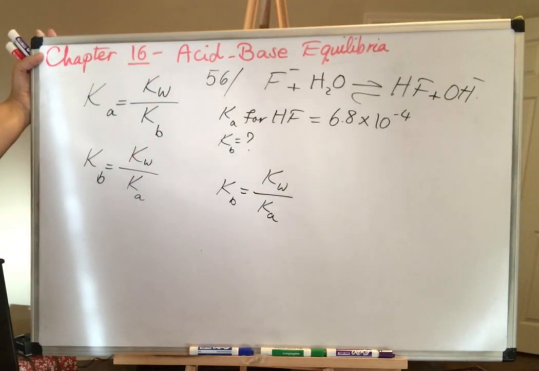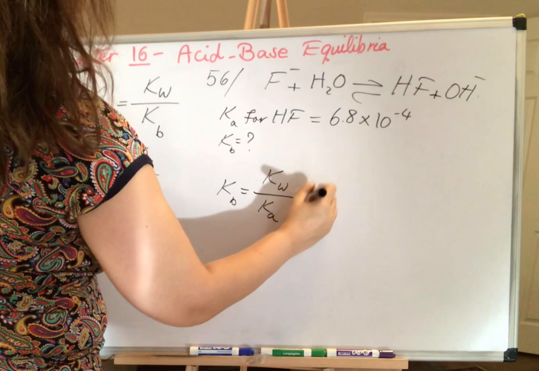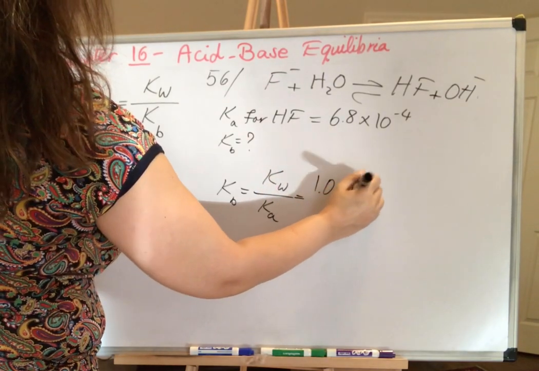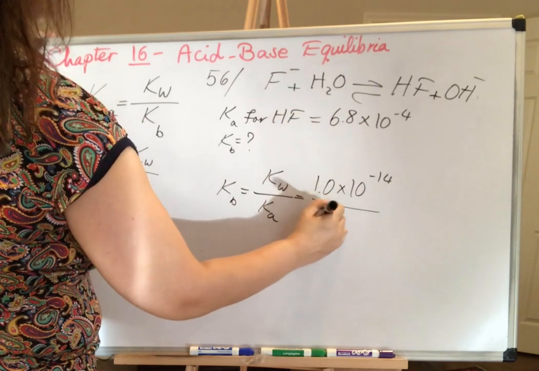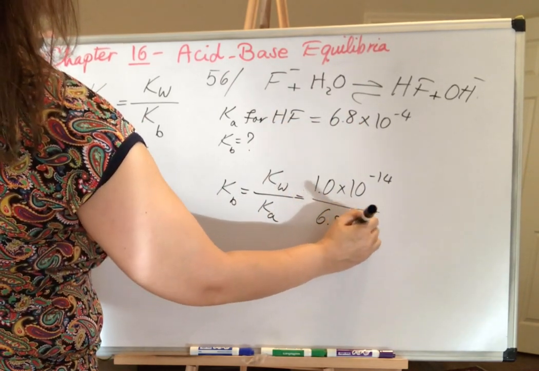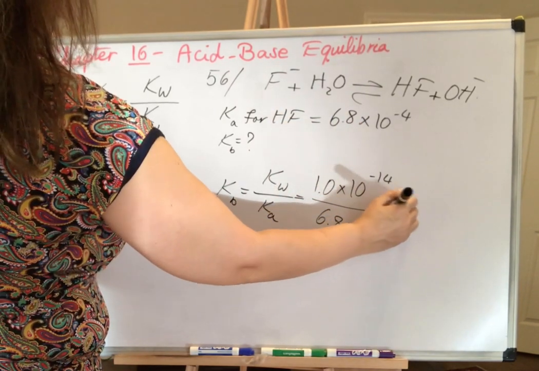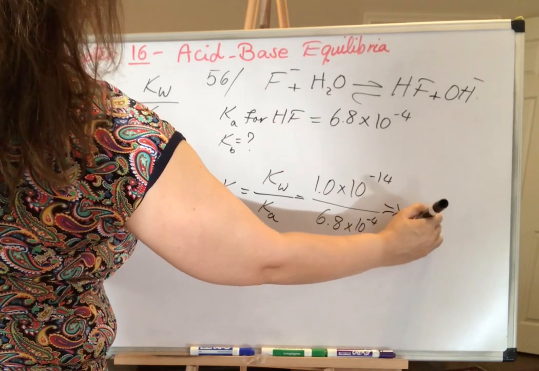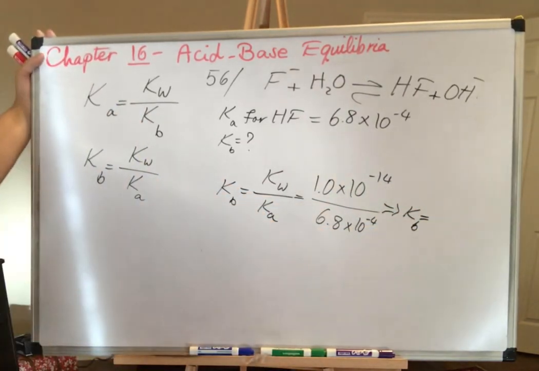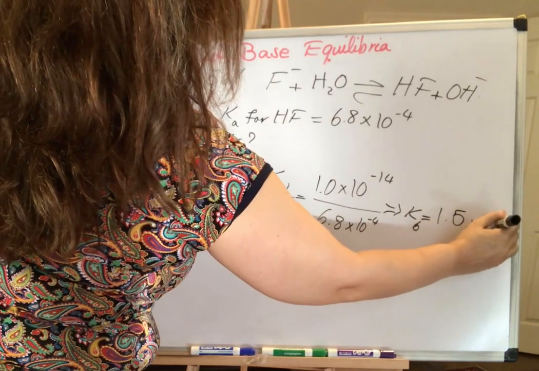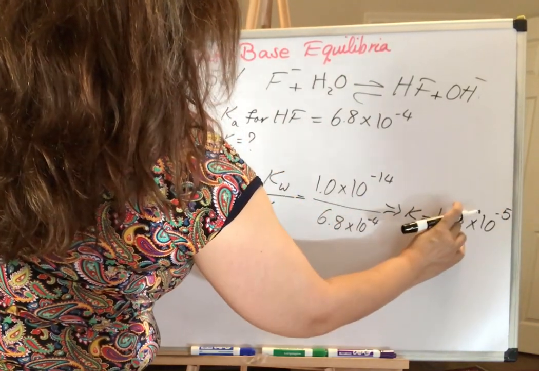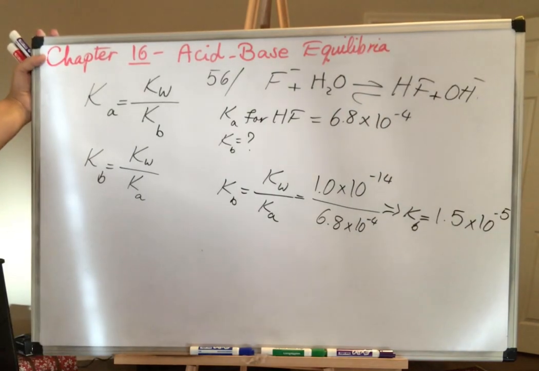Then Kw, which you need to know, divided by 6.8 times 10 to negative 4, so Kb is going to be 1.5 times 10 to negative 11.